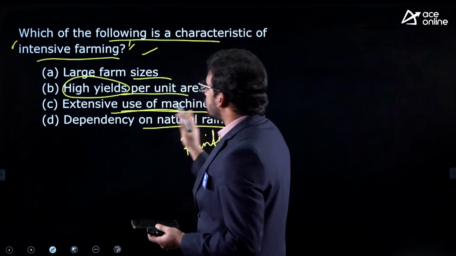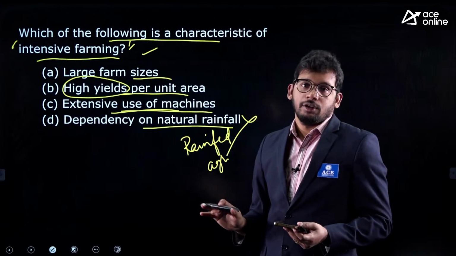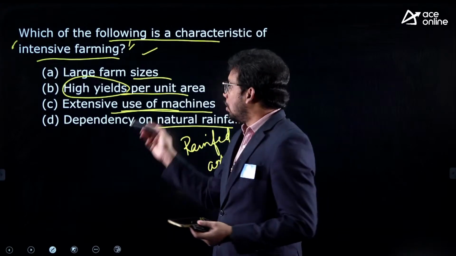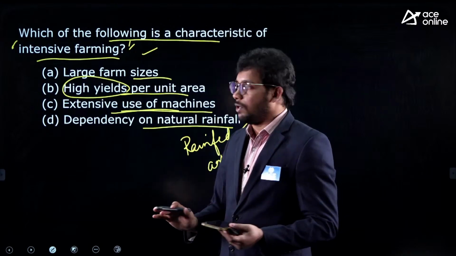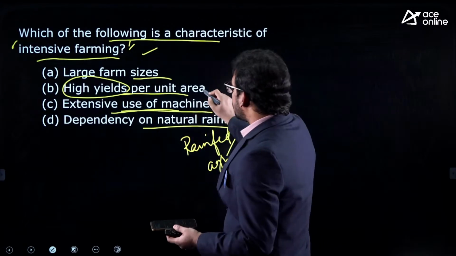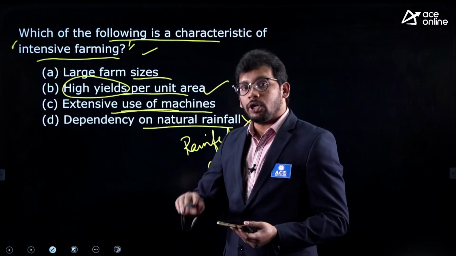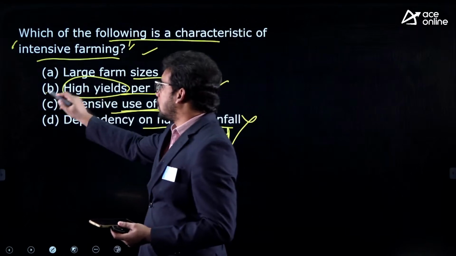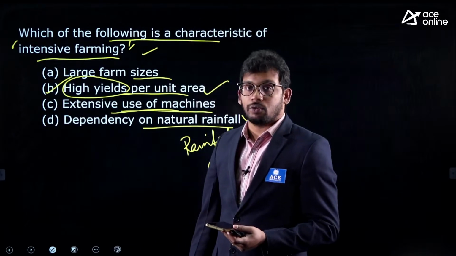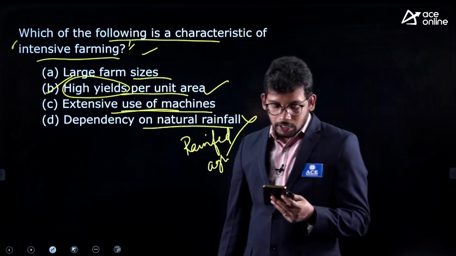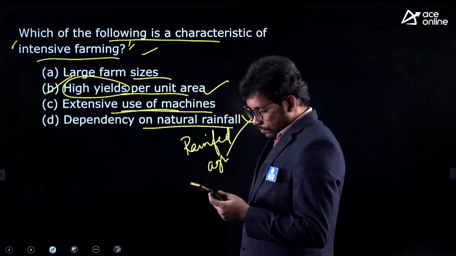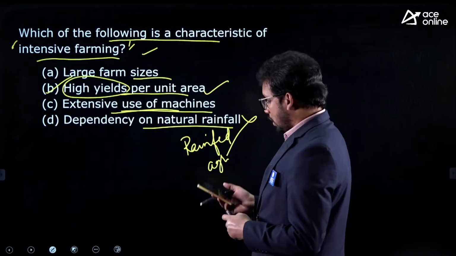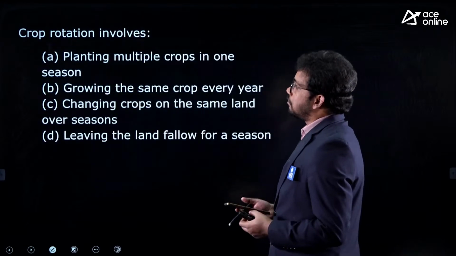We may or may not use machines, we may or may not take large land. Both are possible. We can do it on a small land also, but the mandatory thing is that we need to get the high yield. This type of confusing question is also asked. So the answer is B. Yes, Rakesh, very good. Mahalakshmi as well.